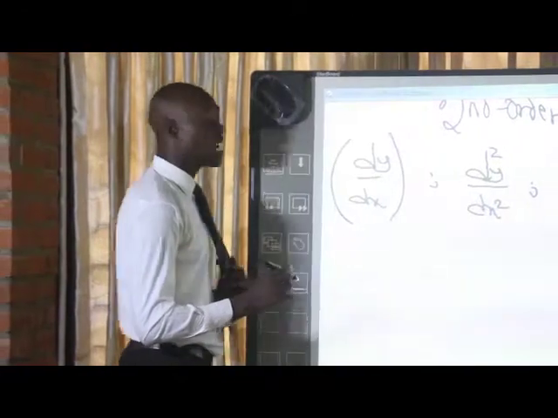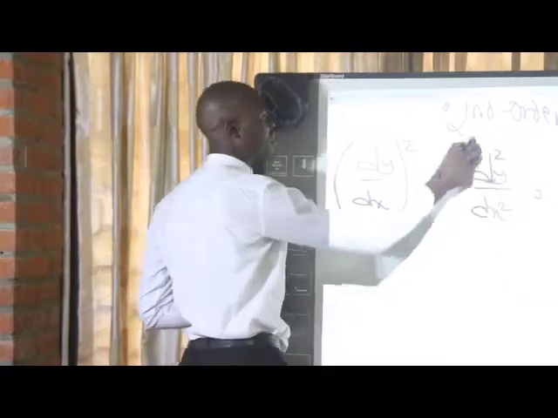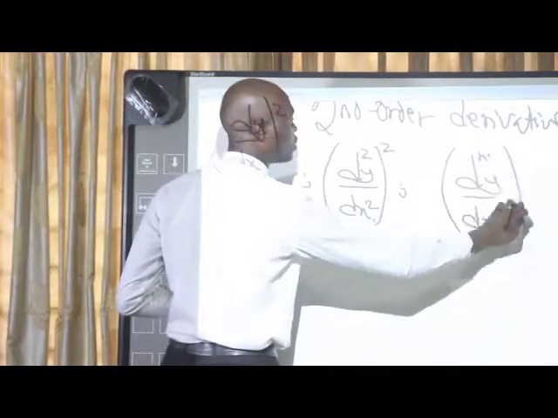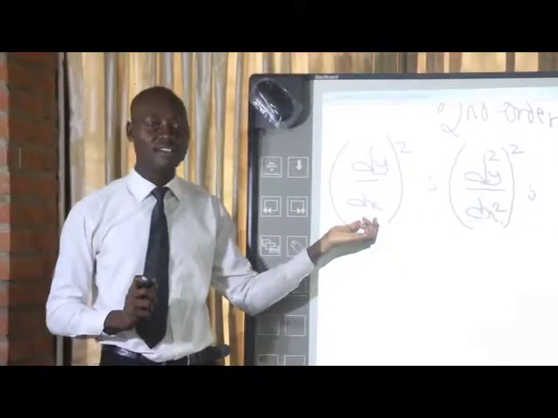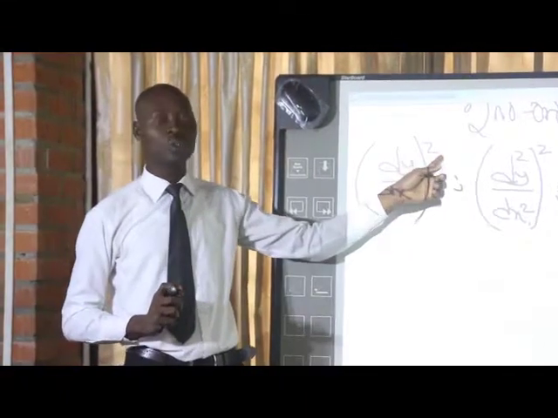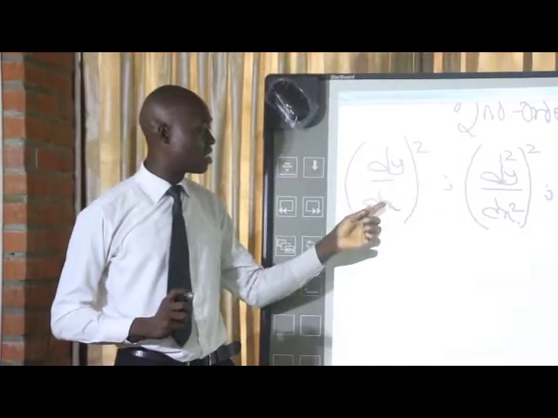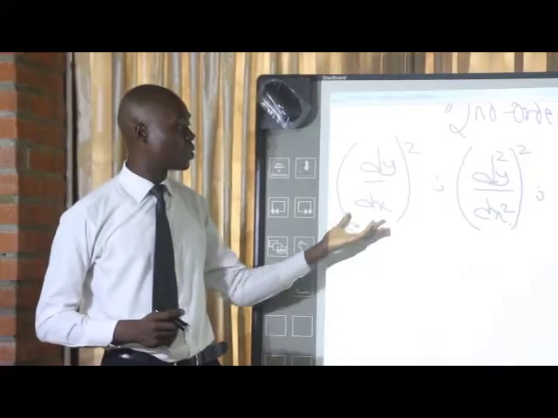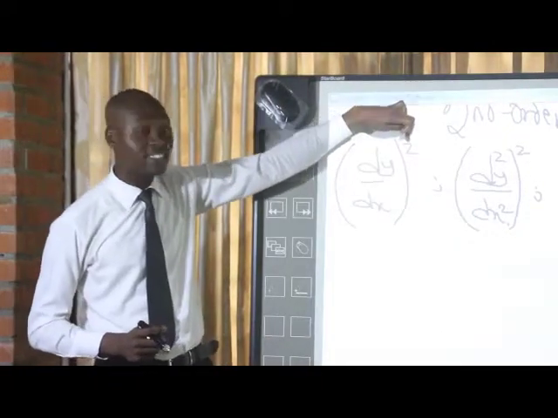But now, suppose I raise each of these to 2. Then the power of this first derivative will be 2, and you can't have dy/dx raised to the power of 2 and still get dy/dx. So this is raised to the power of 2, and this becomes a degree.